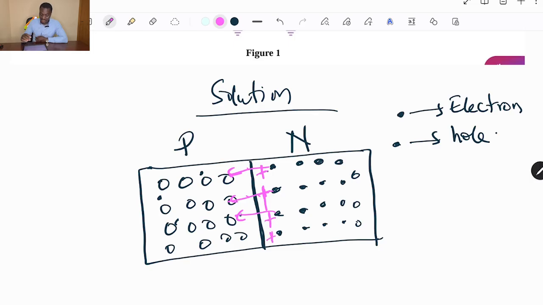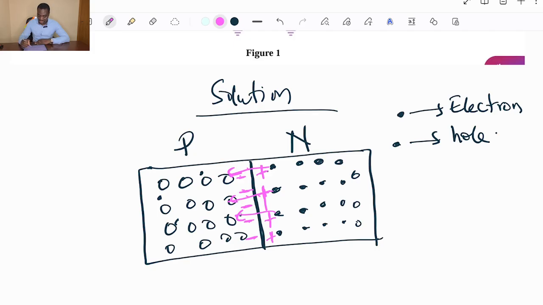But now the P region is accepting these electrons, so they are gaining electrons. On the P region side, you have negative ions. So now you have positive ions on one side and negative ions on the other side. The positive ions have positive charges, while the negative ions have negative charges.